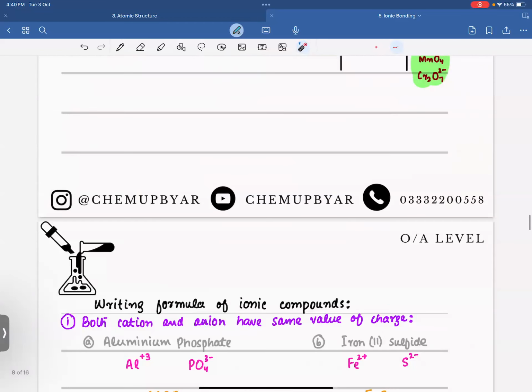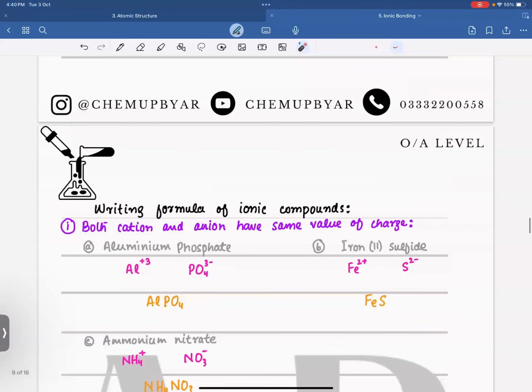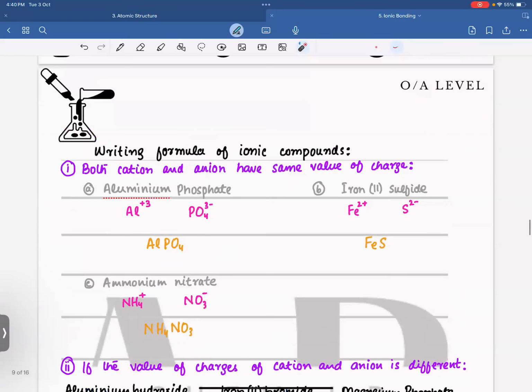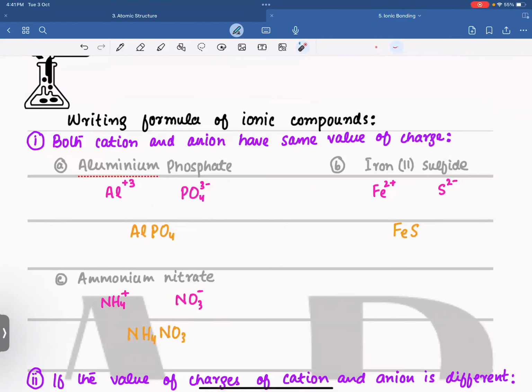Now, the next part is writing the formula. How will we write the formula of an ionic compound? Look at these three cases. There are two rules by which we can make the formula. One is when the cation and anion have the same value of charge.